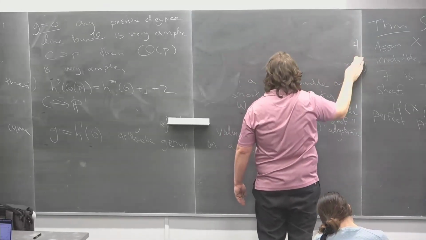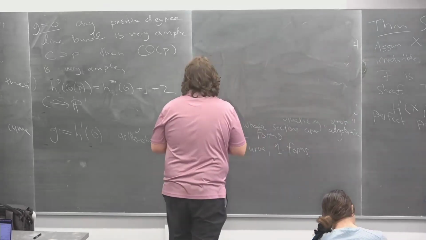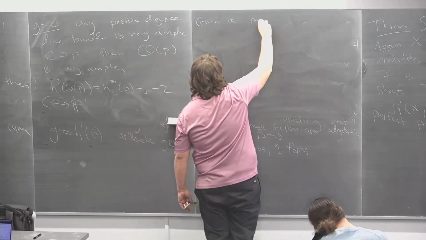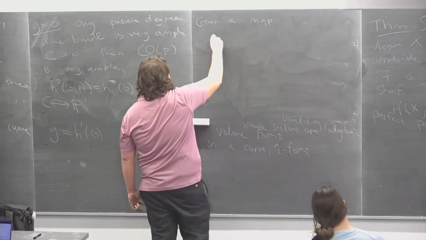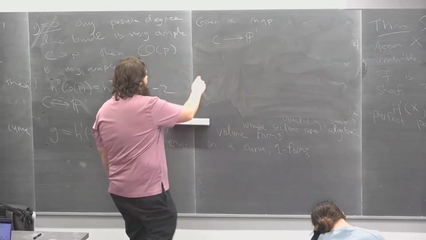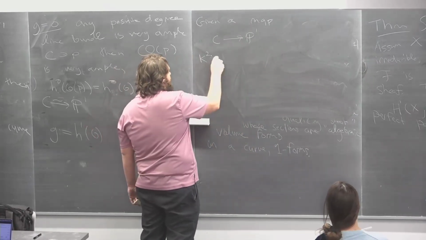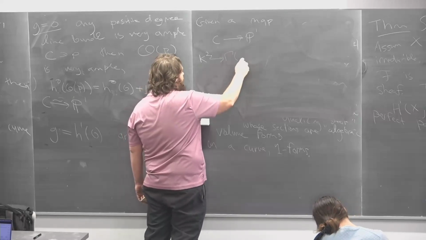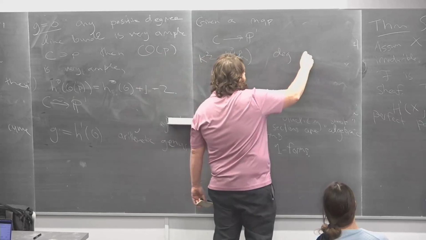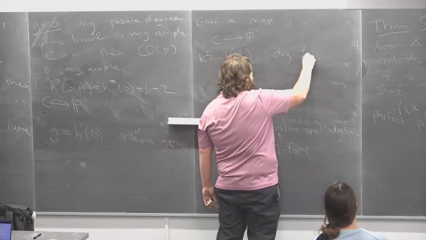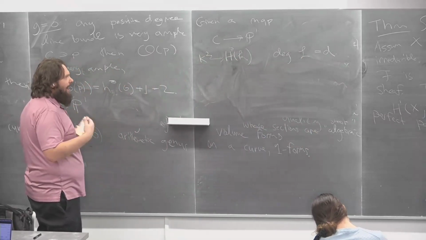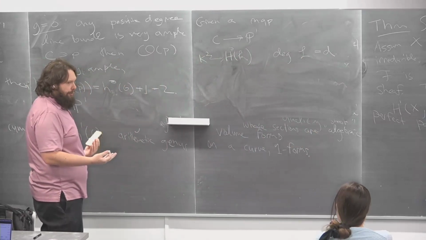A very important interpretation of this is: given a map from some curve to P1, which comes from a 2-dimensional linear series inside the sections of some line bundle L, if the degree of L is d, then that tells me that every element of P1 has d preimages up to multiplicity.